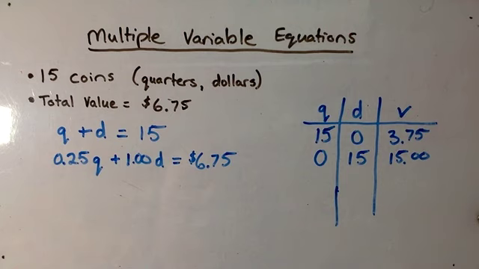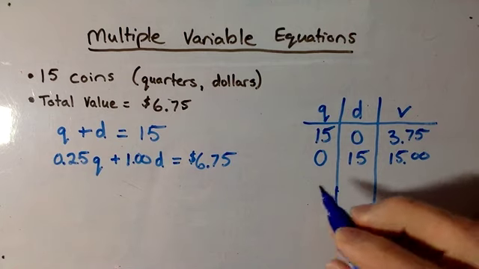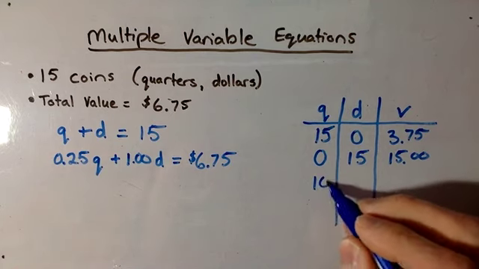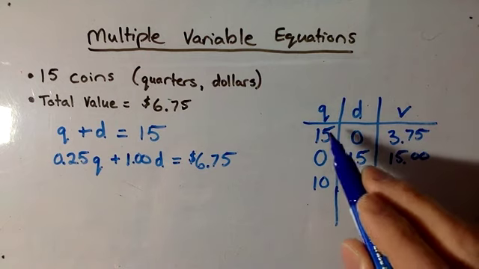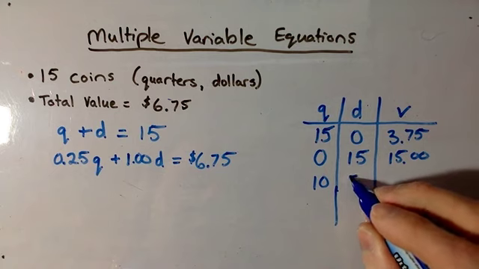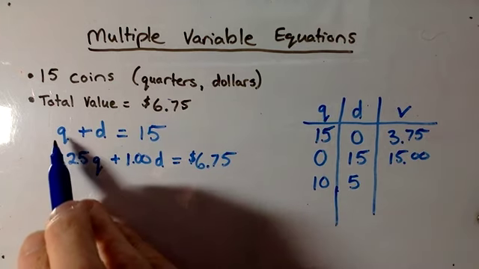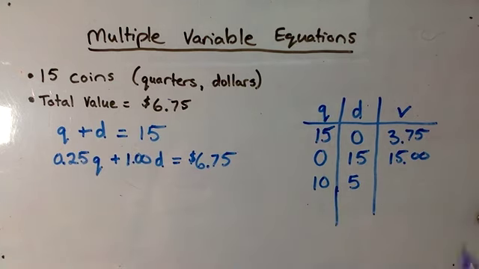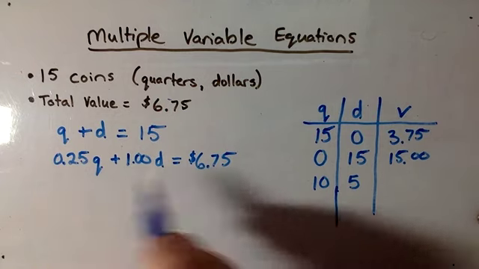So we can pick a random number. I'm going to say, what happens if we have 10, just because 10 is a nice easy number. If we have 10 quarters, how many dollars would we have? We'd be left with 5, because 10 plus 5 is 15. Now we have to do this mathematics.